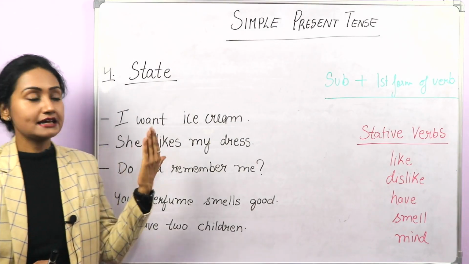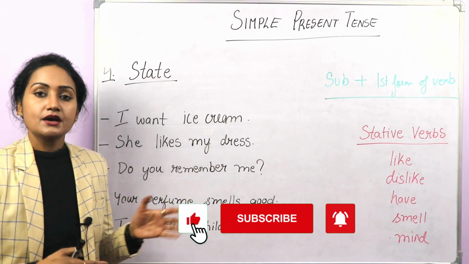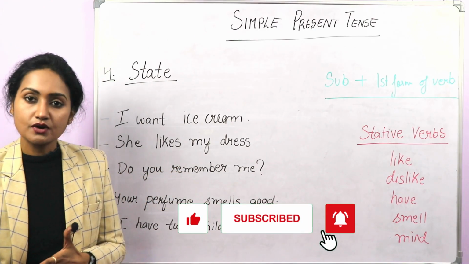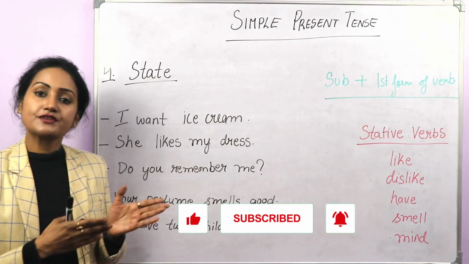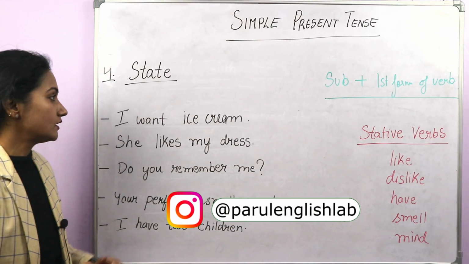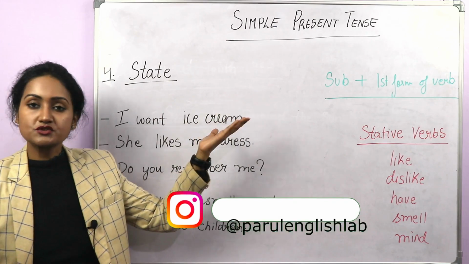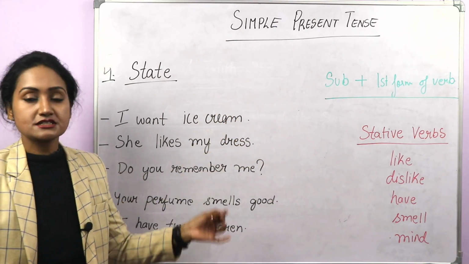Next is state. Whenever you have sentences wherein you do not have an action verb, but you are talking about a state, then you will frame those kinds of sentences in simple present tense. The rule will remain the same, subject plus first form of the verb. And I have mentioned some stative verbs also.